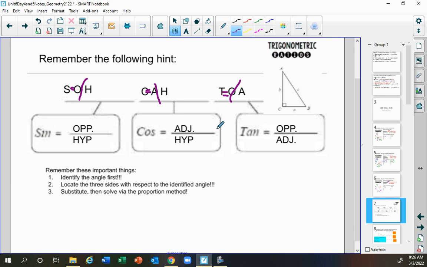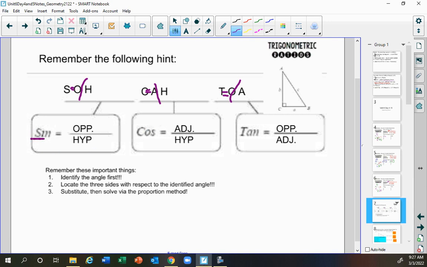Now, with these, sine, cosine, and tangent, depending on what it is, if we're looking for the angle, you just do your division, that's it. But sometimes they might give us a length of a hypotenuse or one of the sides and an angle measure. Then we're going to have to do some flip-flopping.